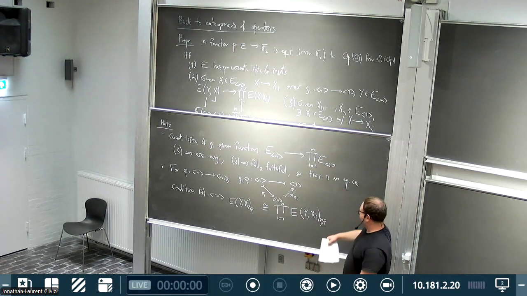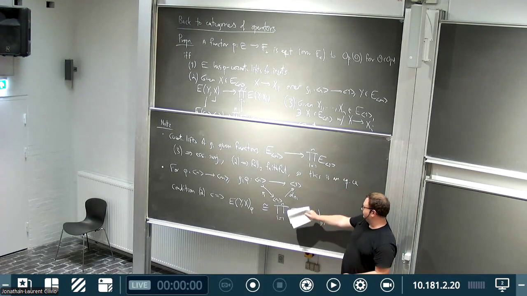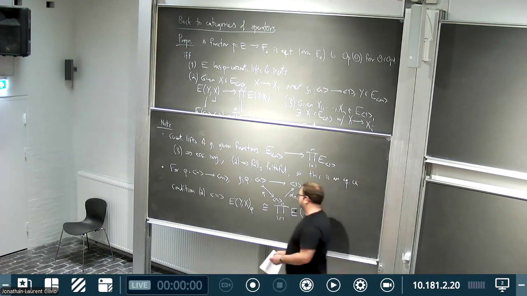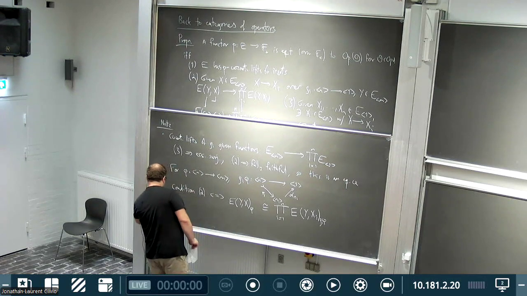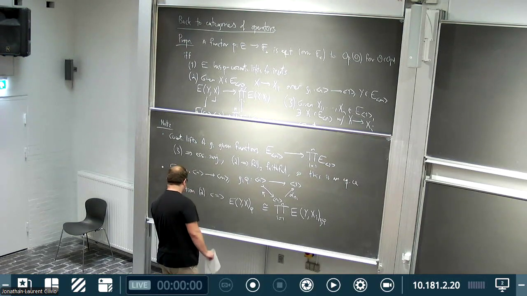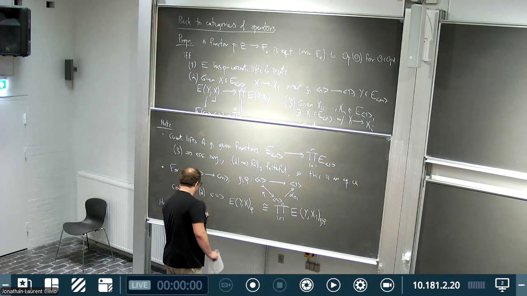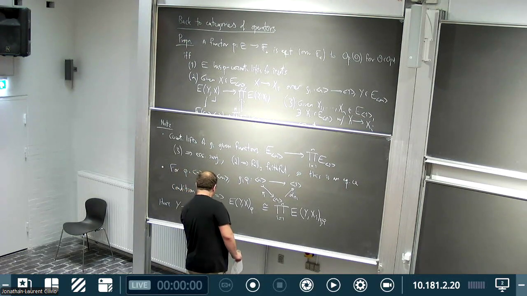But then I can use the fact that I can pick the Cartesian morphisms over the ρ_i.